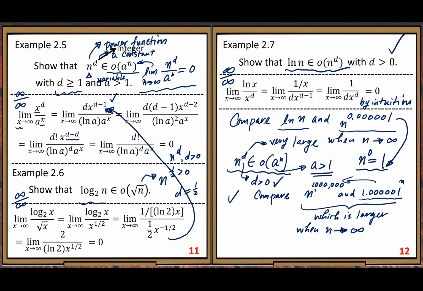We don't care, but eventually n to the d, that power function will outgrow the log function. Although it could take a very big n, we allow n to approach infinity, so we don't care how large that n is. Eventually n will pass that line.